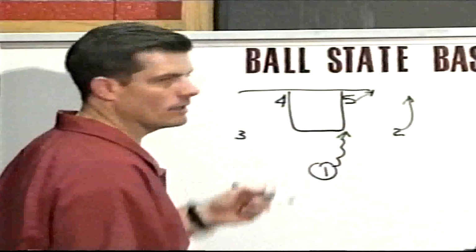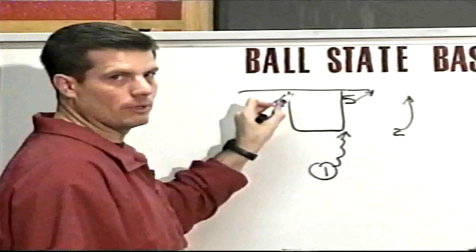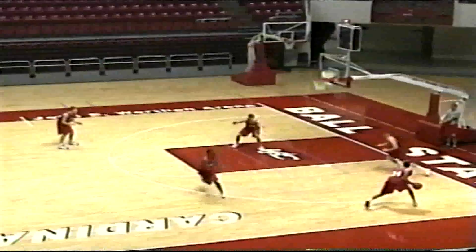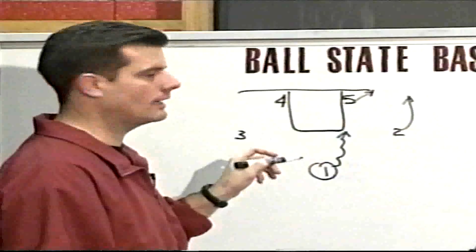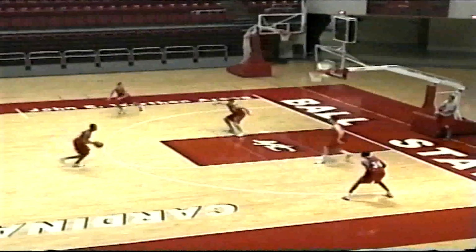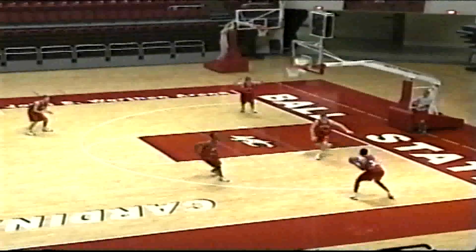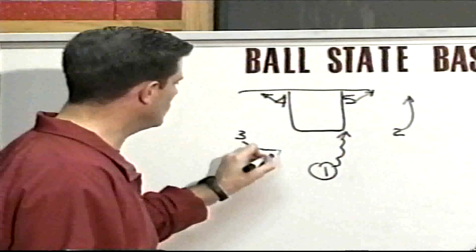The 4-man reads it again. If X4 is equal or below, 4 is going to duck in hard. If X4 is up and takes away the duck in, then 4 would pop to the short corner. It is 3's job now to get in 1's vision.